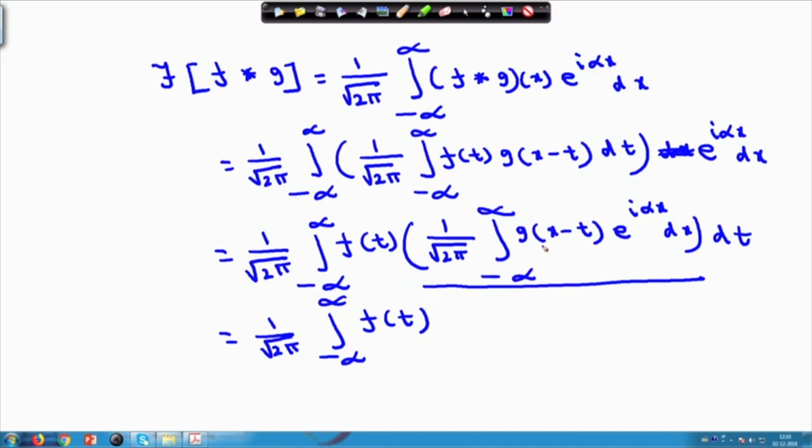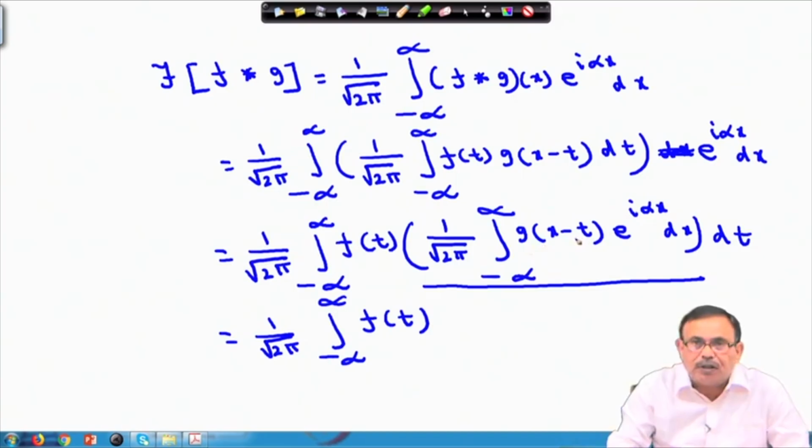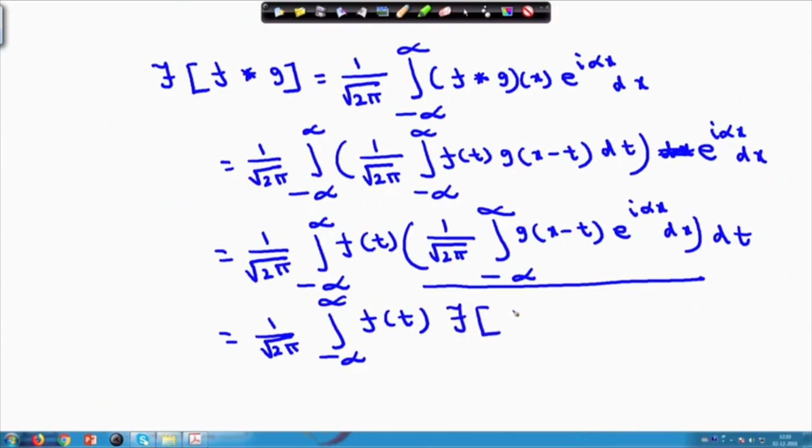From the definition of Fourier transform, the Fourier transform of g(x minus t) equals 1 by root 2 pi, integral from minus infinity to infinity of g(x minus t) into e power i alpha x dx. So, if I replace this, it is nothing but the Fourier transform of g(x minus t) into dt.